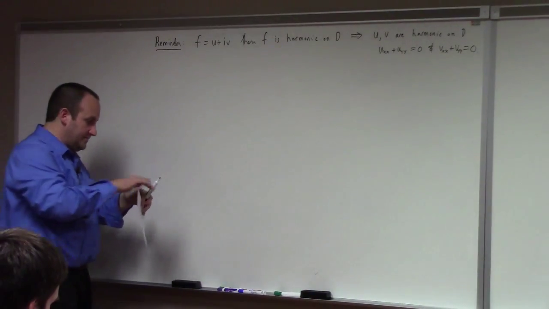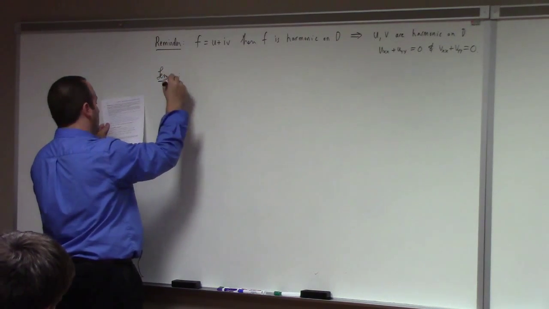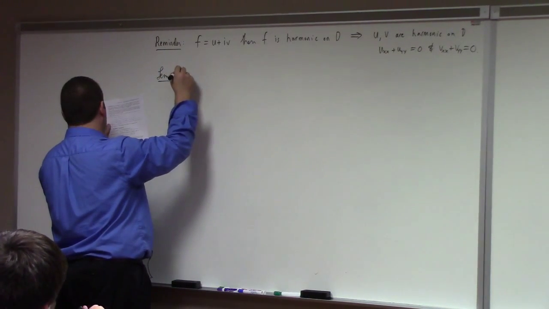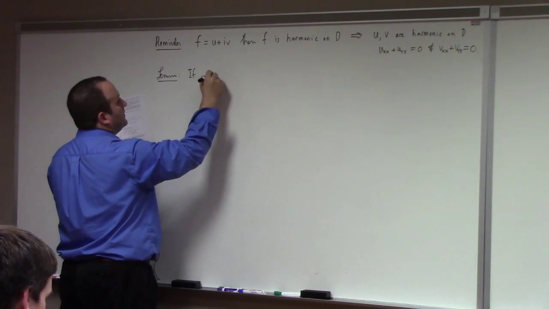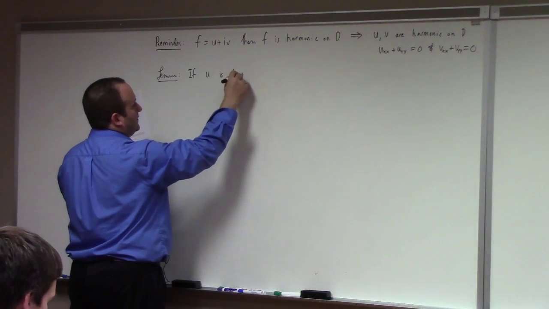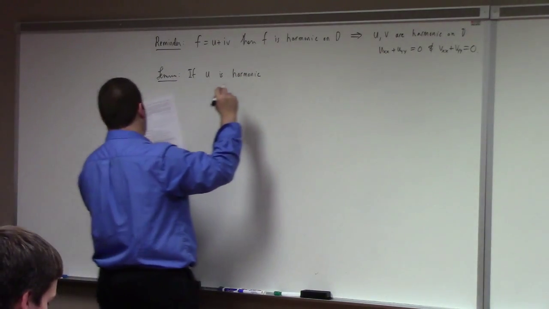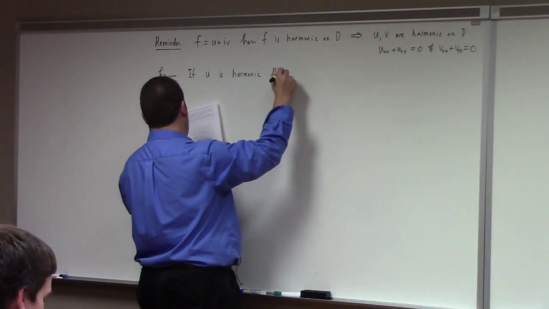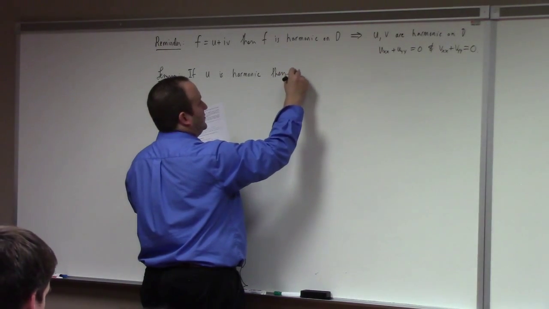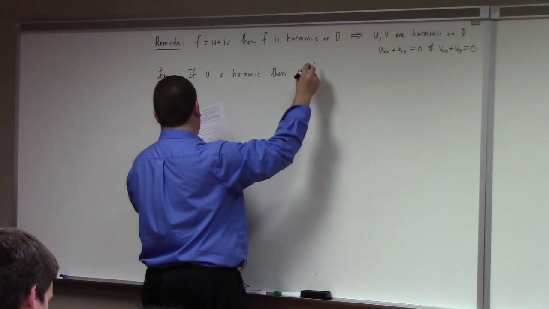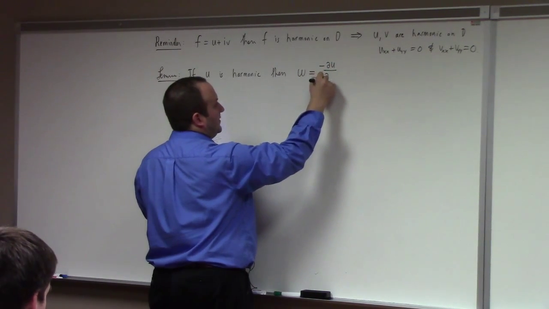And so here's a lemma. 3.31. If u is harmonic, then the differential, and let me call it omega. I'm just calling it omega to give myself a name to call it, right?